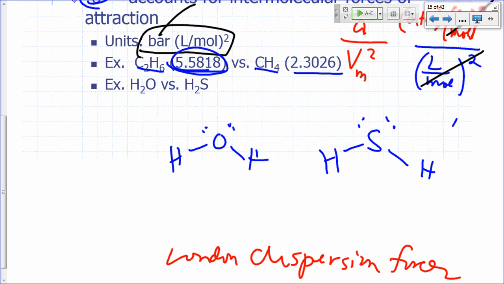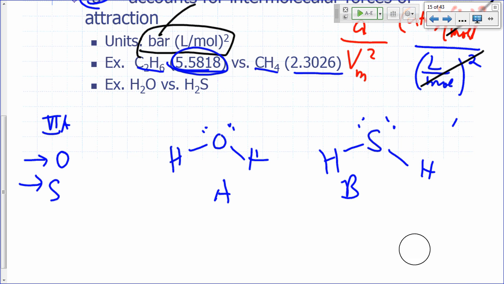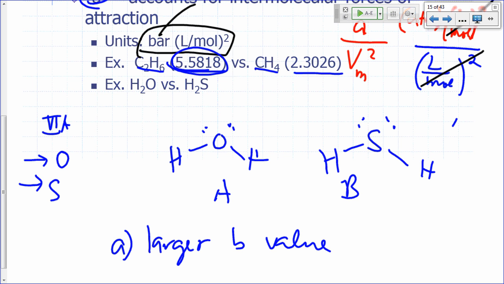Where do you find oxygen and sulfur in your periodic table? Group 6A, right? Column 16, oxygen is in the second period, sulfur is in the third period. So which one has a larger A value? Let's start with the larger B value. Which one has a larger excluded volume, H2O or H2S?